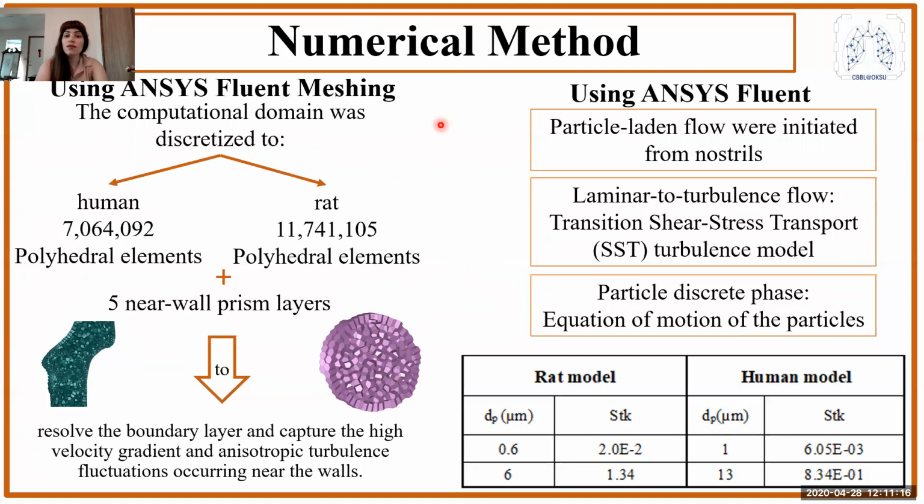And using ANSYS Fluent, we modeled the air and the particle tracking. For both models, we initiated the airflow from the nostrils. For solving the flow, we used the SST turbulence model, and for tracking the particles, we solved the equation of motion of particles. To account for morphological differences of rat airway and human airway, we injected the particles based on the value of their Stokes number.